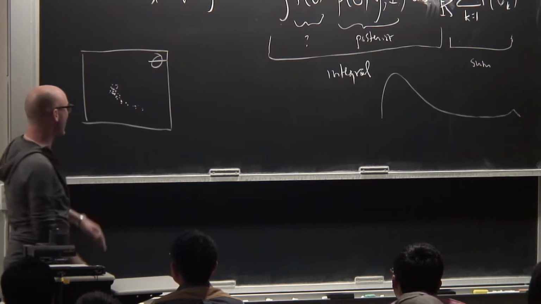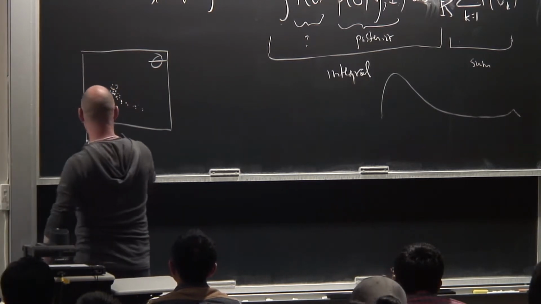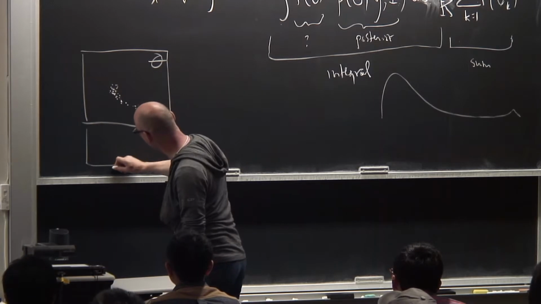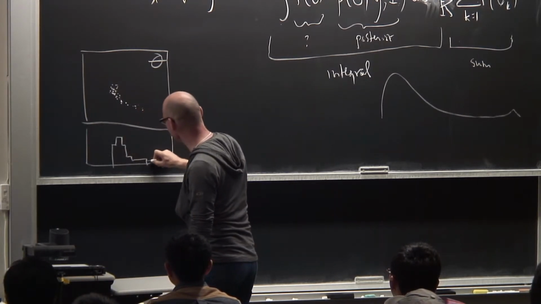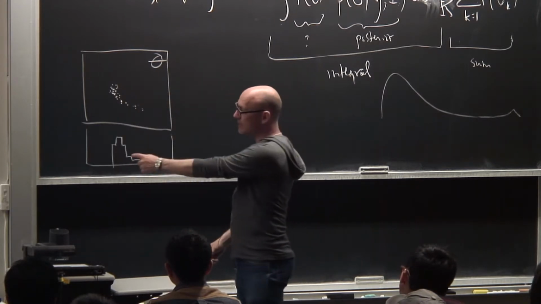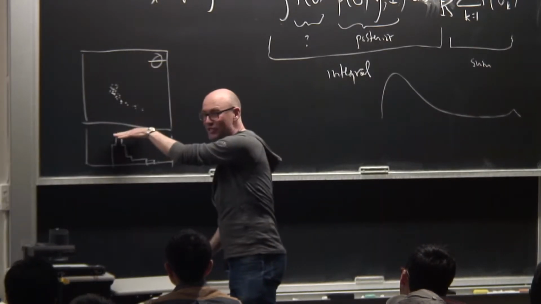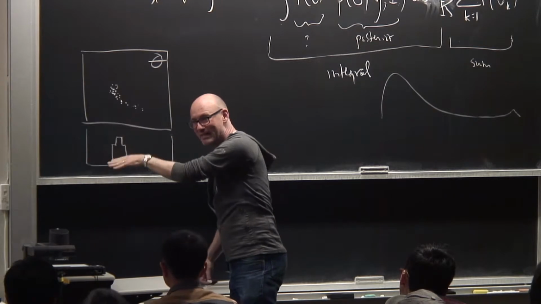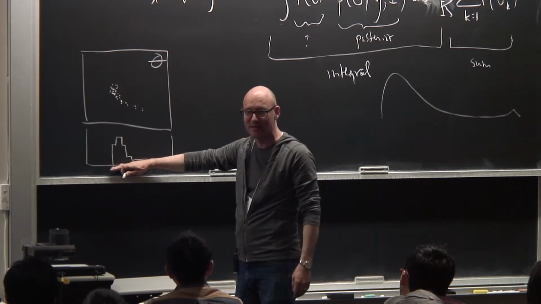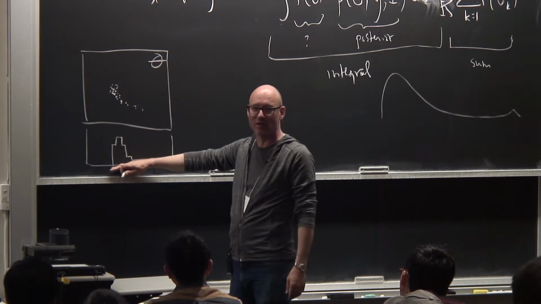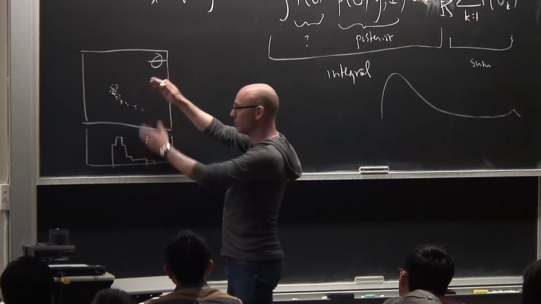Or a histogram, if I now drop this down and plot the histogram like this of the sampling, this is the marginalization of the probability distribution down to one axis. The histogram on this axis is the marginal integral of that distribution, which you can just see.